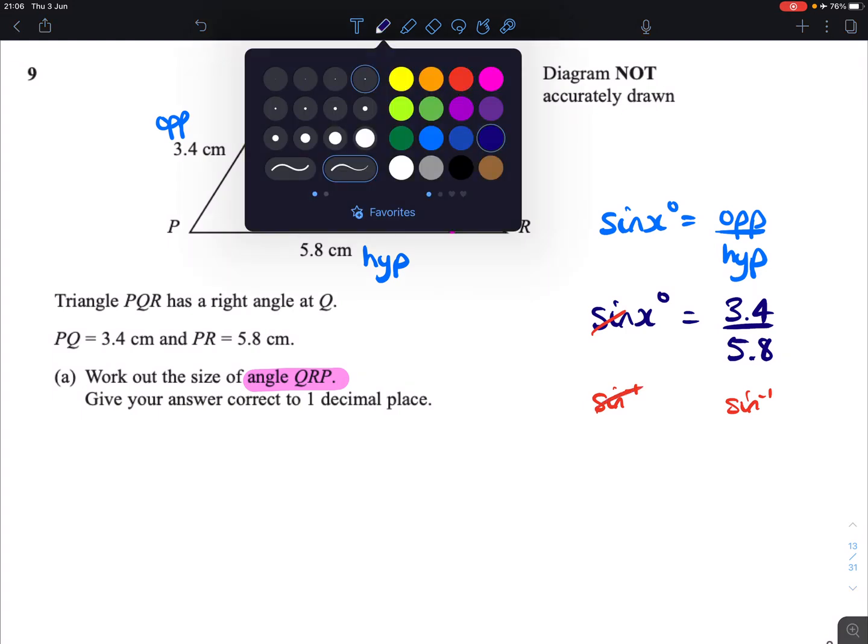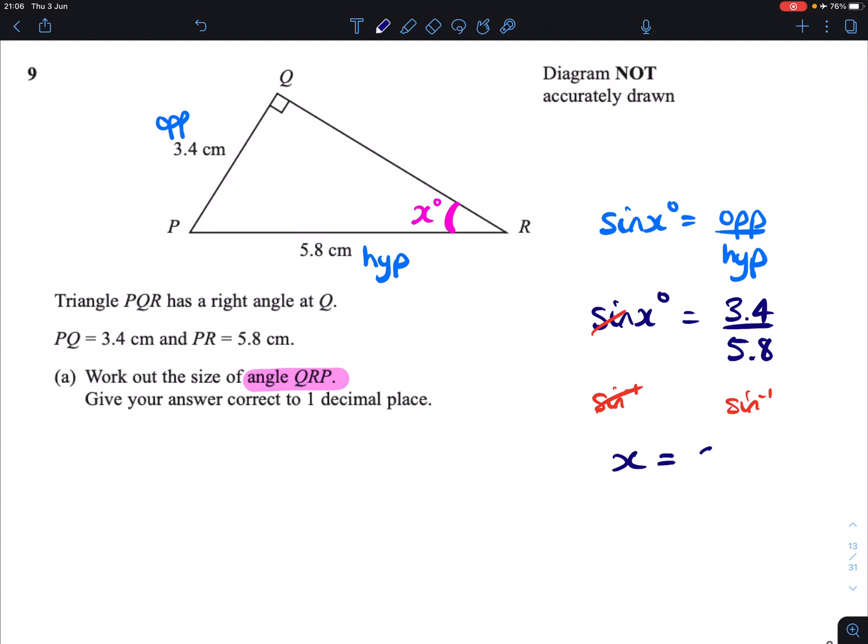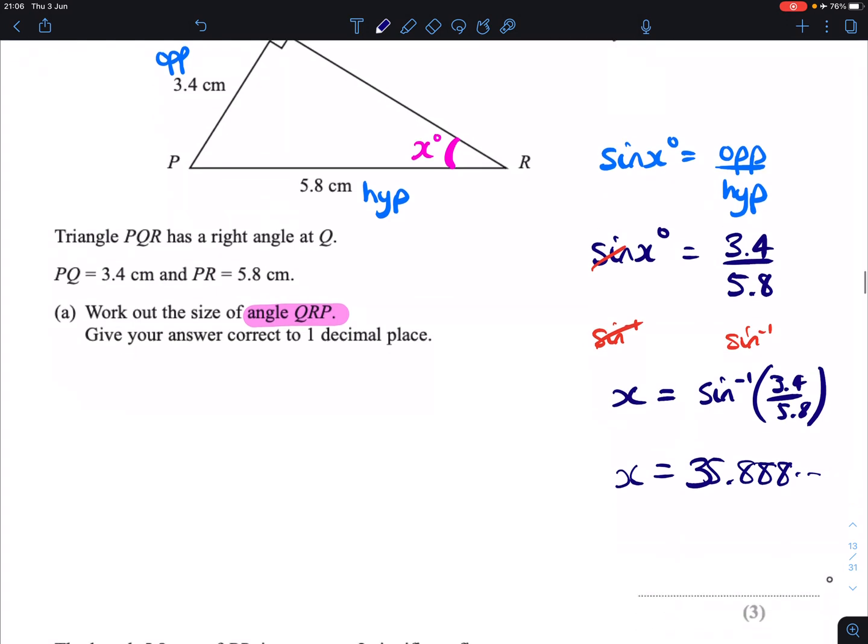And then inverse sine of what's on the right-hand side is what you're going to type in your calculator. So inverse sine 3.4 over 5.8 will give us 35.888, and so on. The question wants us to leave it to one decimal place, so that means rounding, and we end up with 35.9 degrees.